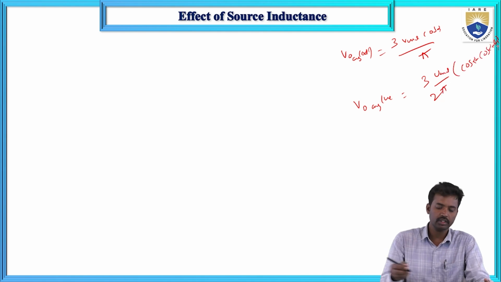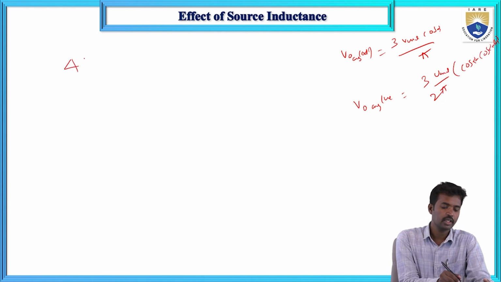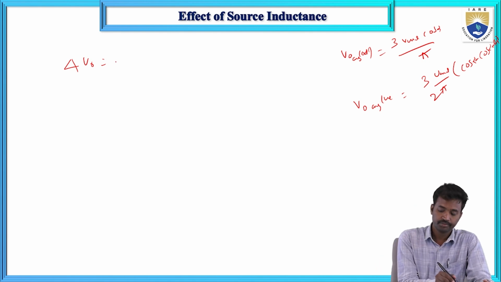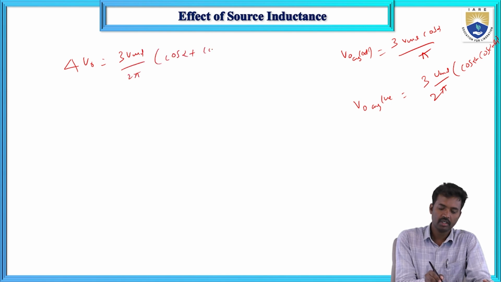So reduction in the voltage, delta V naught, equals 3 Vm L by 2 pi cos alpha plus mu.